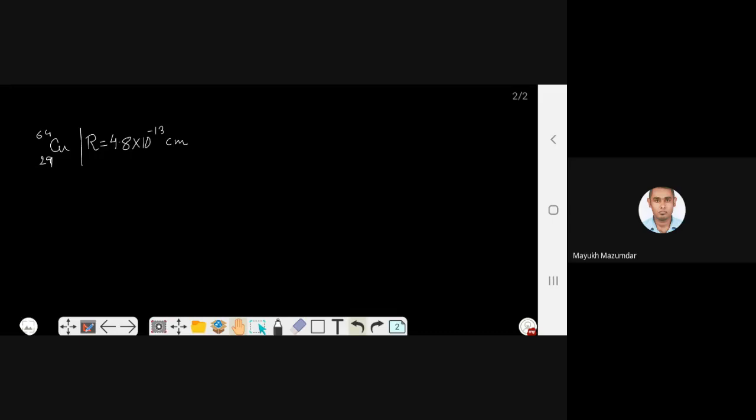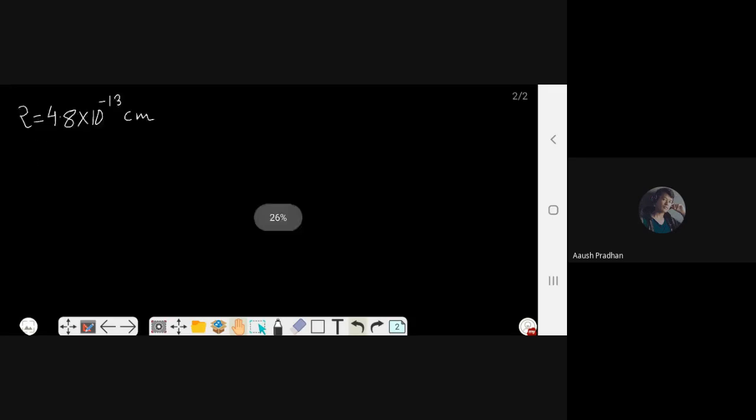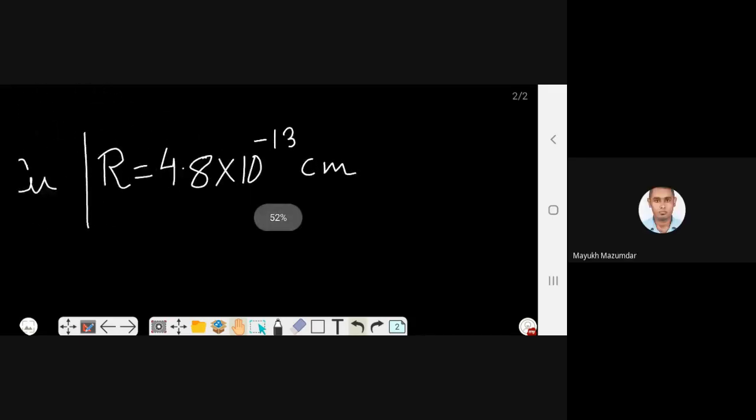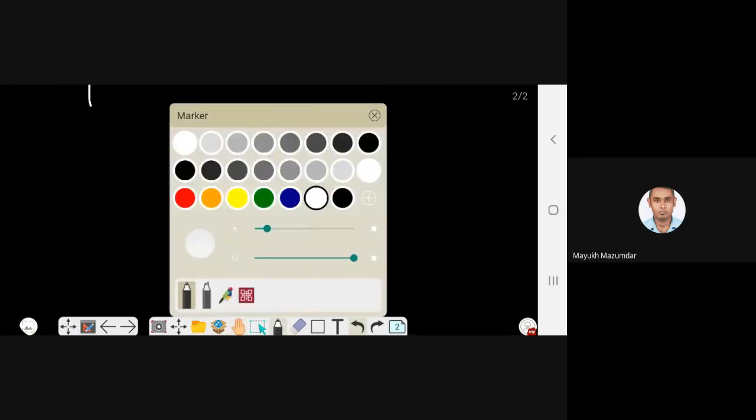Yes, read it once yourself. So R is equal to R naught A to the power 1 by 3. Yeah, very good. So that's our formula that will help us.